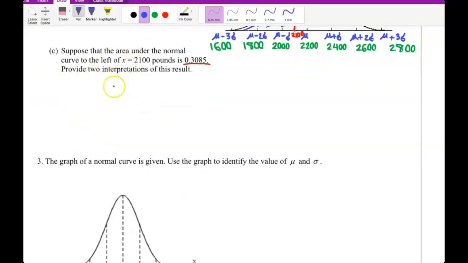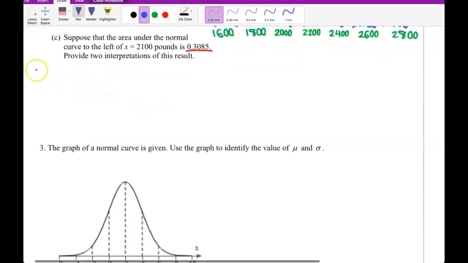Okay, the first one can be the proportion, which is exactly the same as area or probability.